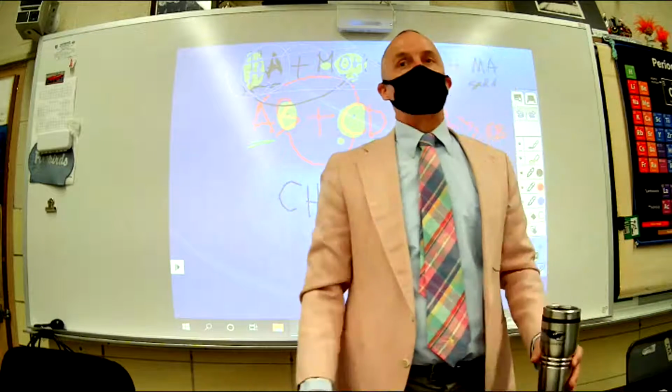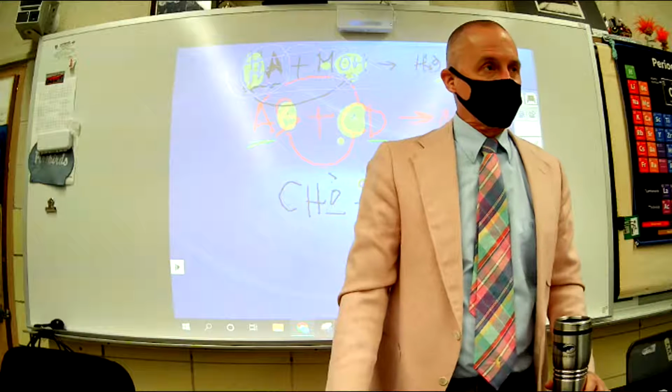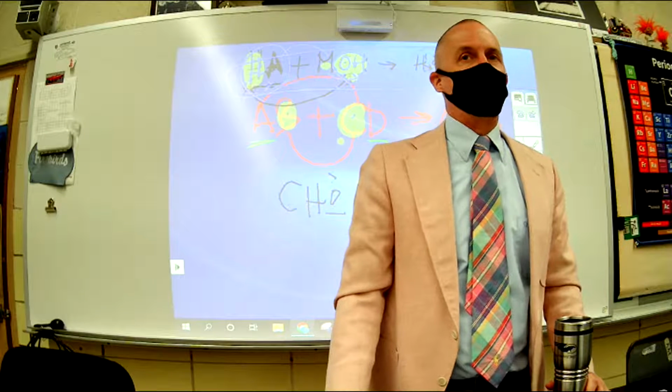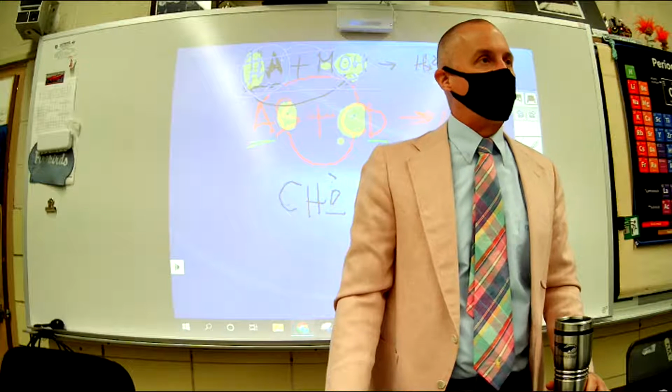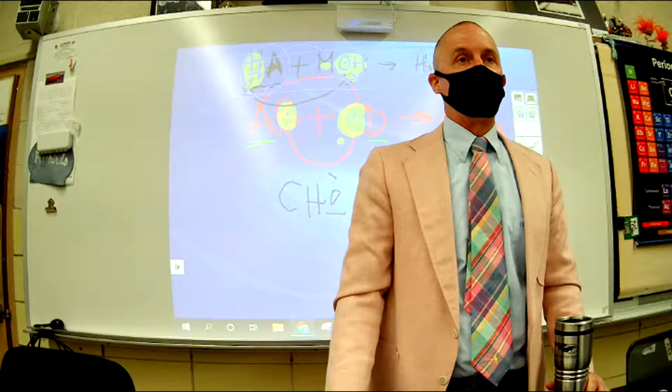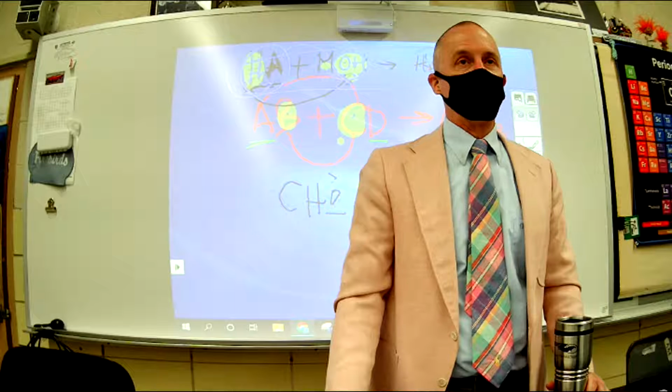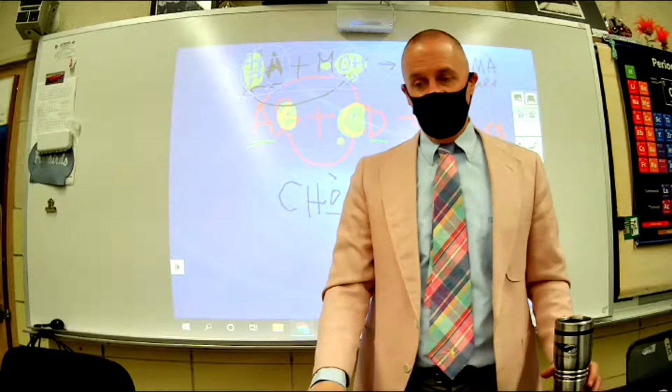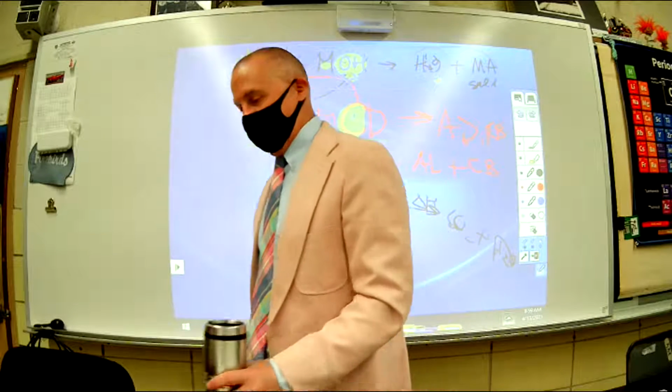The last kind of reaction is a category which can actually encompass more than one of these first 6 types that we've looked at. And it's called an oxidation reduction reaction.